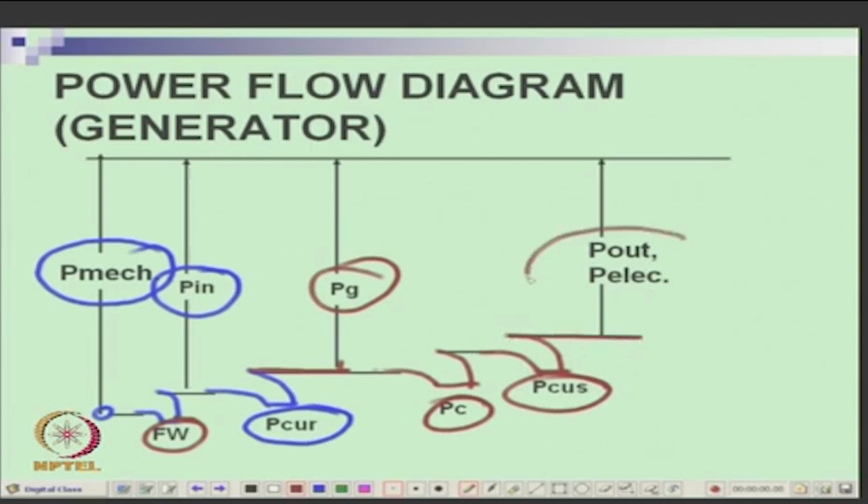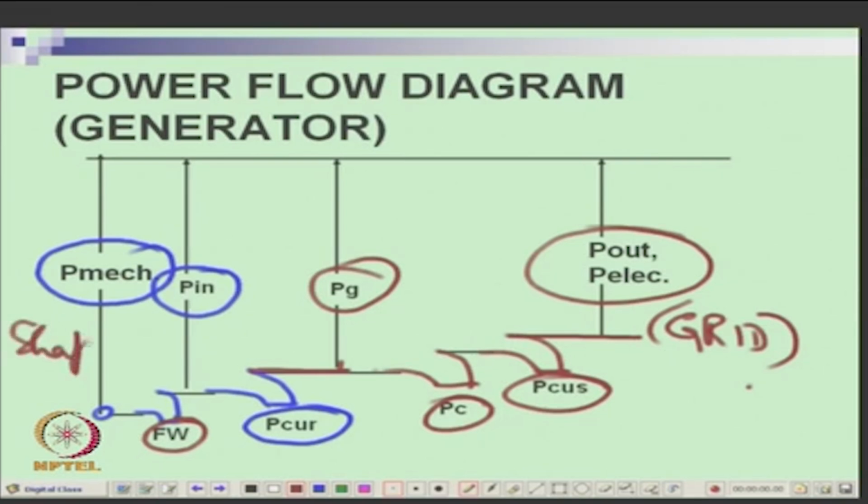Remaining goes as the power output. Where does it go? It will go to the grid, is it not? So, this is from the shaft, this is to the grid. I hope it is not a big deal. Is it clear how you get it?